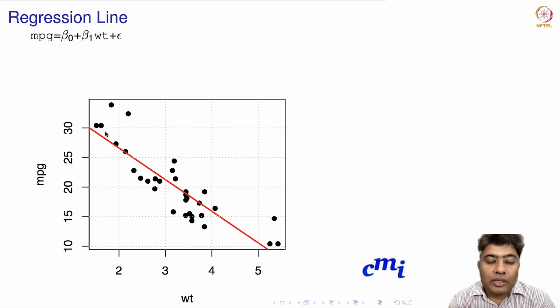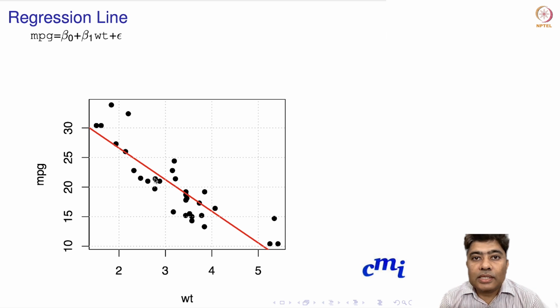That means there will be some error, because you can see that there is some sort of randomness in the system. We would like this point to be on the straight line, but it is not exactly there, so this difference is the error. For this point it's the error.